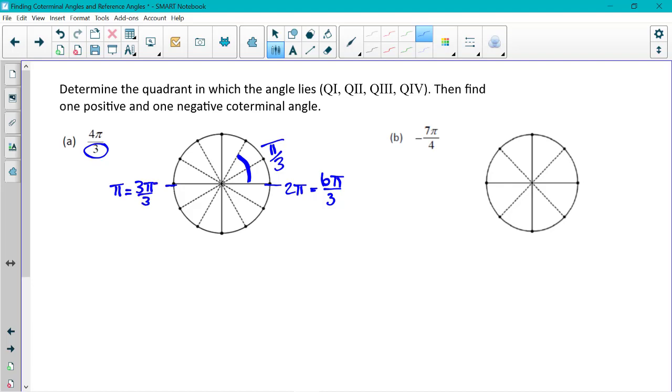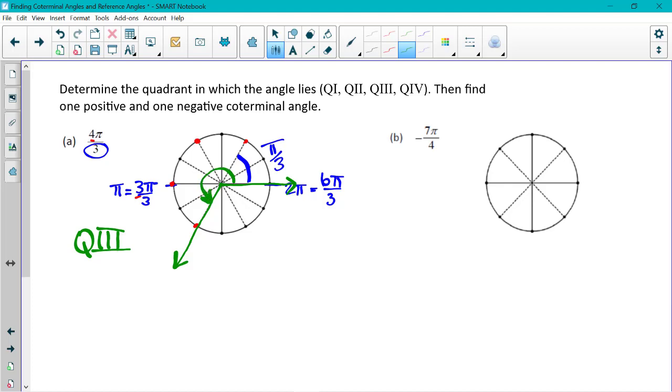So my 4 pi over 3 is going to be more than pi because 4 is bigger than 3. So I'm at 1 pi over 3, 2 pi over 3, 3 pi over 3, 4 pi over 3. So the terminal side of my angle would be in quadrant 3. This is my angle that's 4 pi over 3.